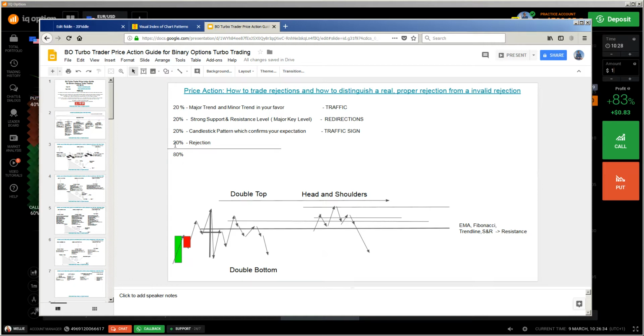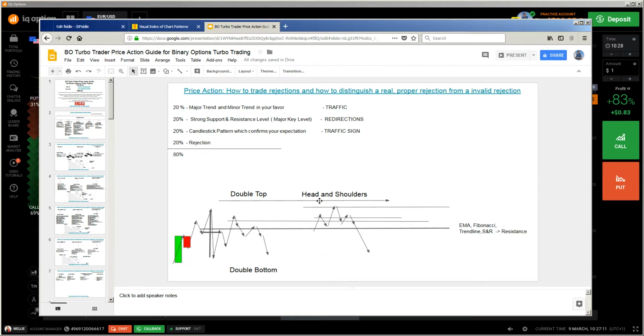That means that if you don't do the other 60% right here, the trend, analyzing the trend, the major key levels, drawing the support and resistance lines wrong, and don't wait for a good candlestick pattern, your odds to get a successful trade will be low, because the rejection makes only 20%. You cannot trade every rejection, and I told you in this video how to distinguish a proper rejection from an invalid rejection.